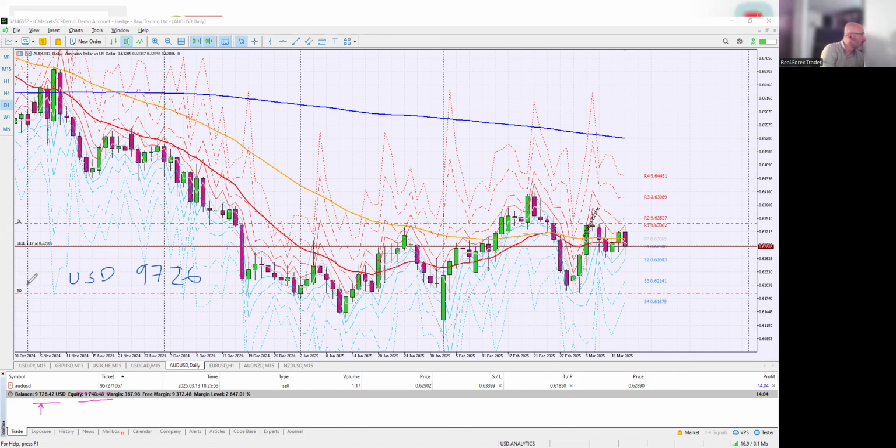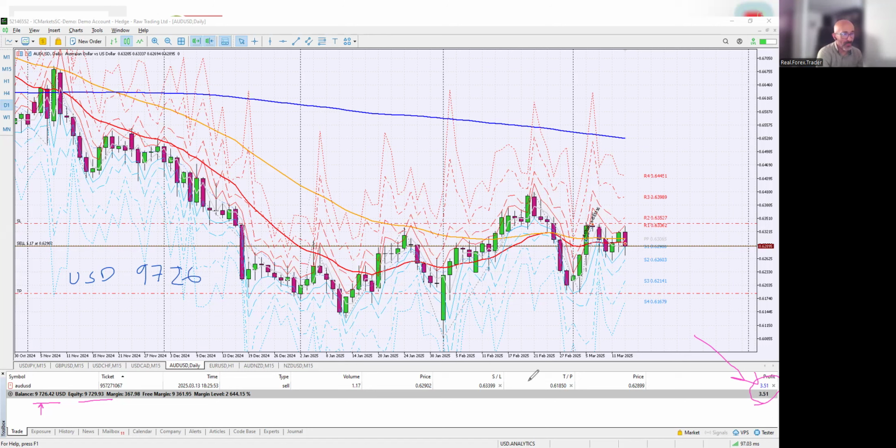So at this moment it is 9,740.46, and it is moving now to 9,747.45. Why? Because I have placed this trade in here. I have an open trade, so it is moving either up or down.